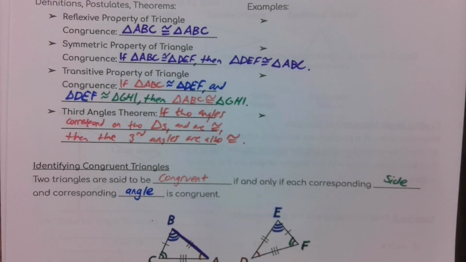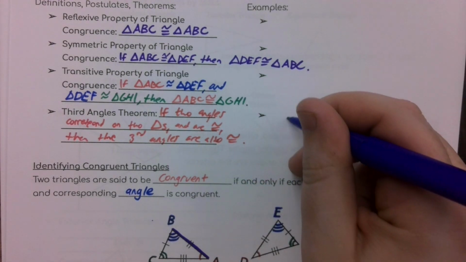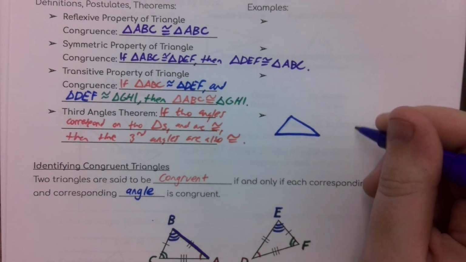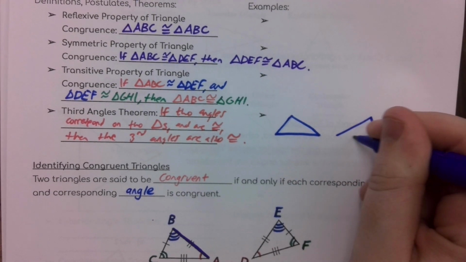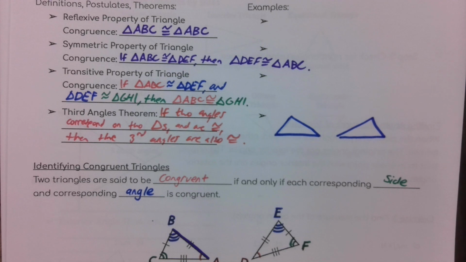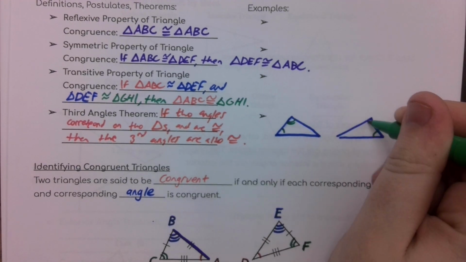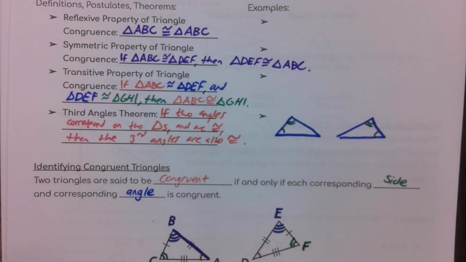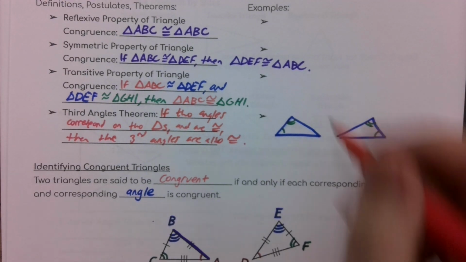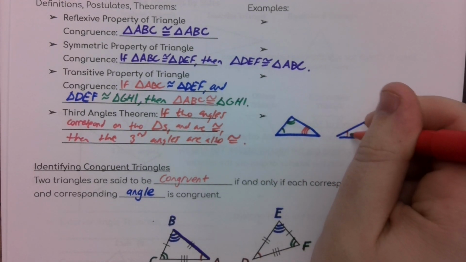This is the third angle theorem. It says if you have 2 triangles and you already know that 2 of the angles on each match up, then according to the third angles theorem, by default, the third angle has to match up.